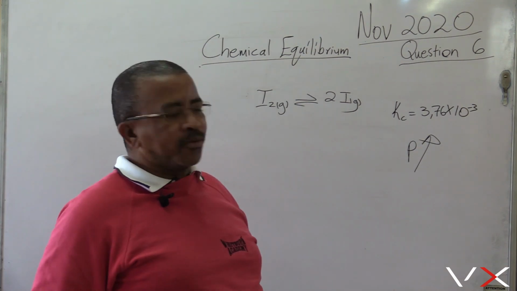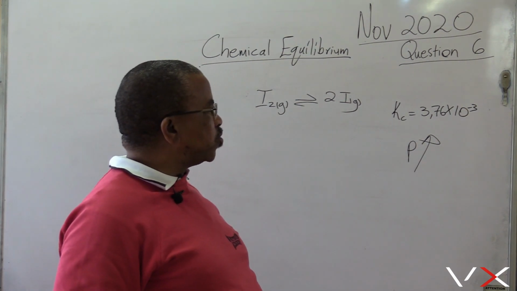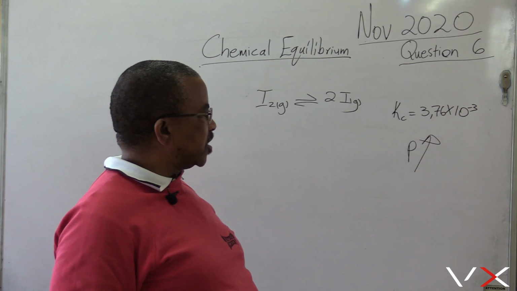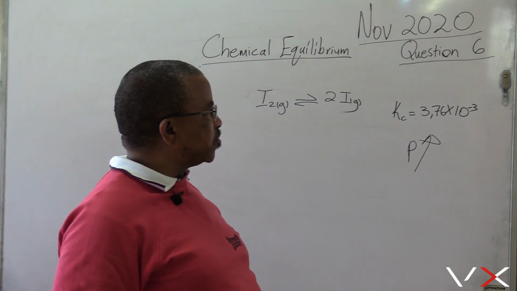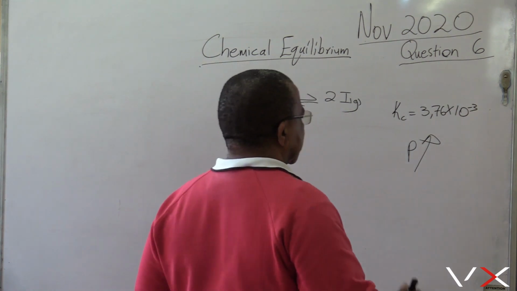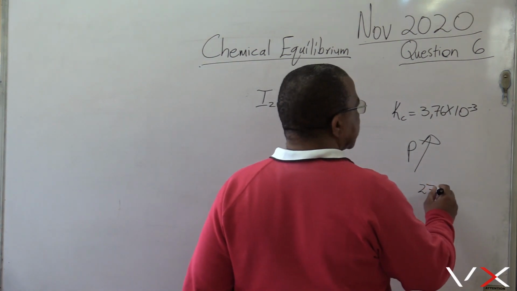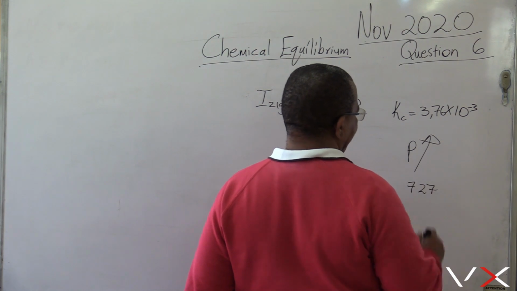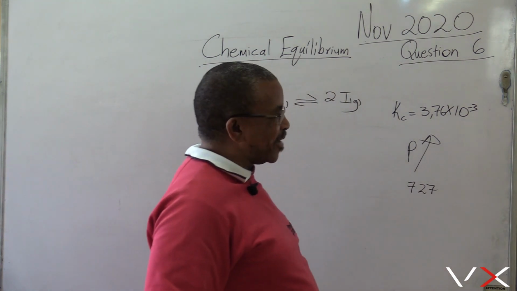Right. 6.4, at 227 degrees Celsius, 227 degrees Celsius. Okay, here it was 272. Oh, 720.